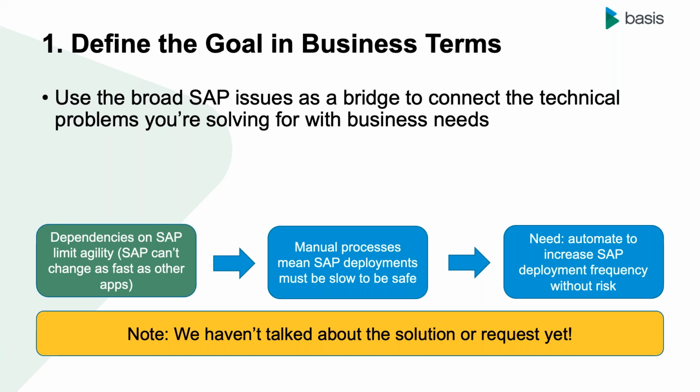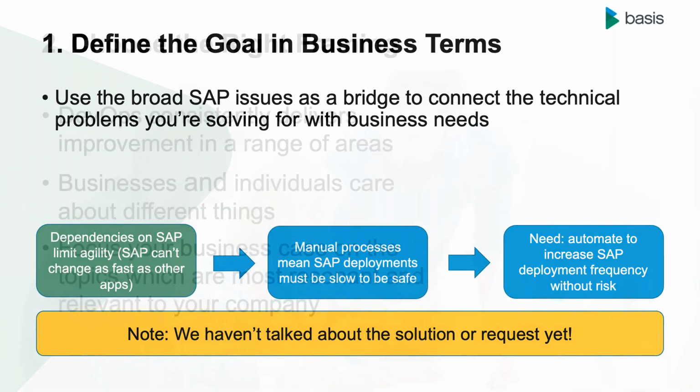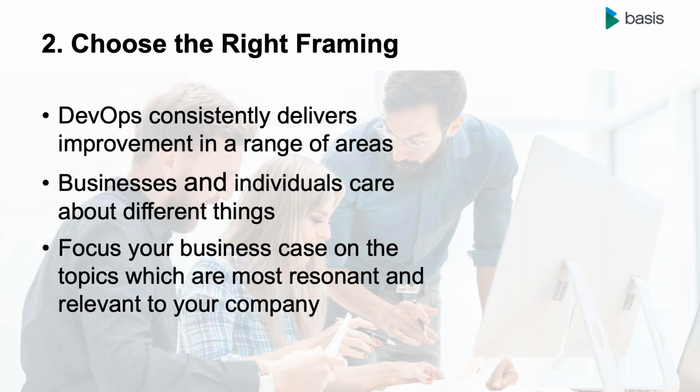As we move to the next stage, choosing the right framing, there are many different potential improvement areas that DevOps can provide. And obviously businesses and individuals care about different things. The focus for your business case will be those topics which are most relevant or which resonate the most within your business.